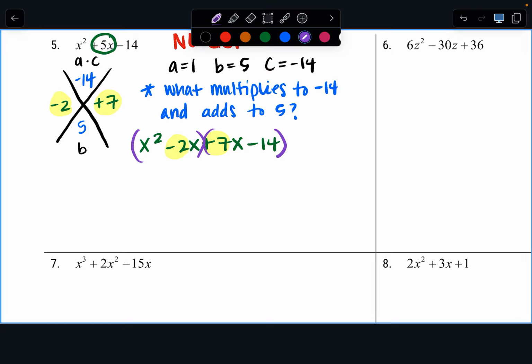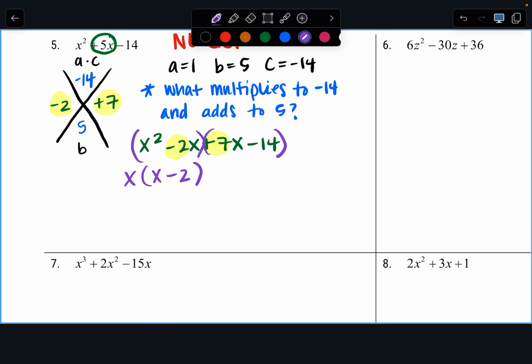What do they both have in common? The x squared and the 2x. So I'm going to pull an x out. If I pull an x out, what am I left with? X minus 2. Perfect.